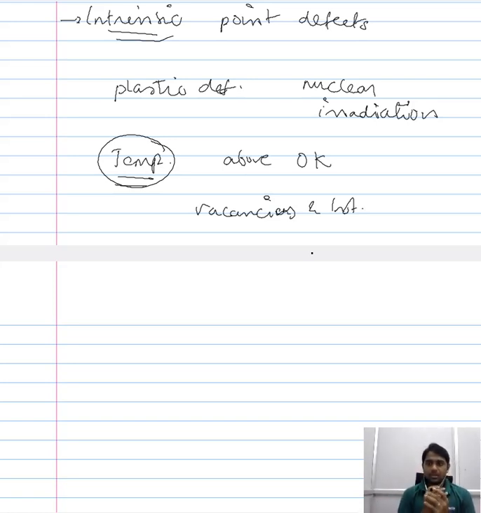However, at any temperature above 0 Kelvin, we have a stable concentration of vacancies. So let us see how these vacancies, which are supposed to raise the energy state of the crystalline material, are stable at temperatures above absolute zero.